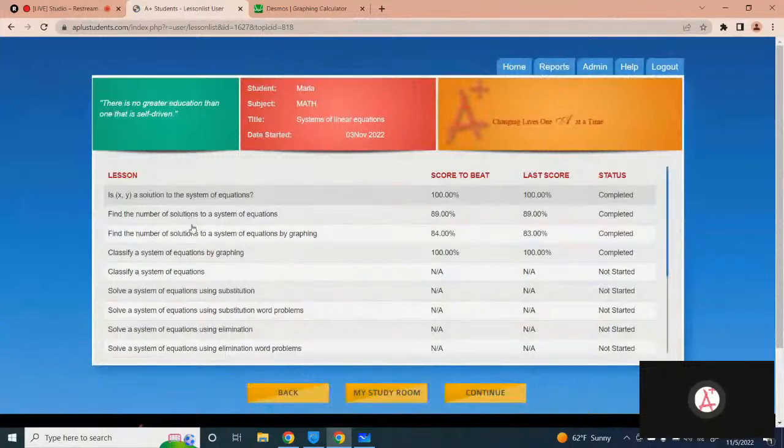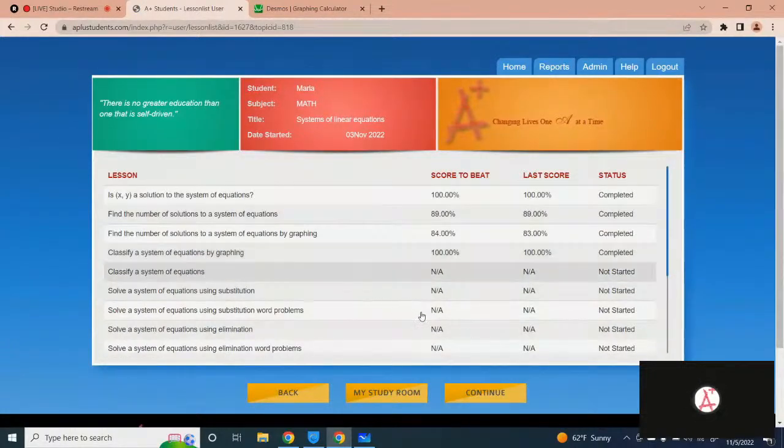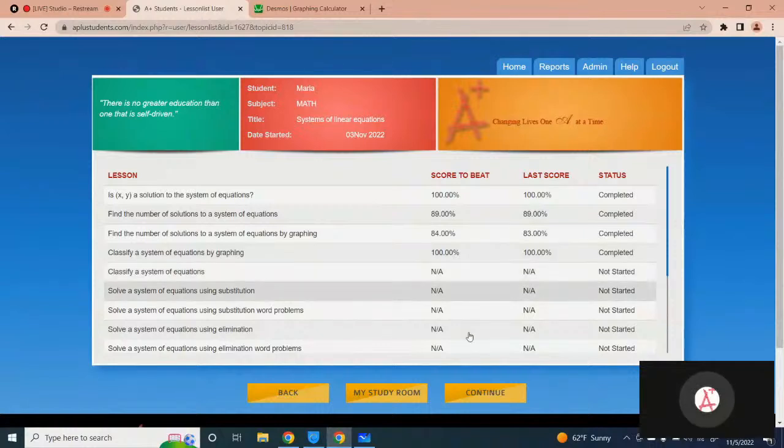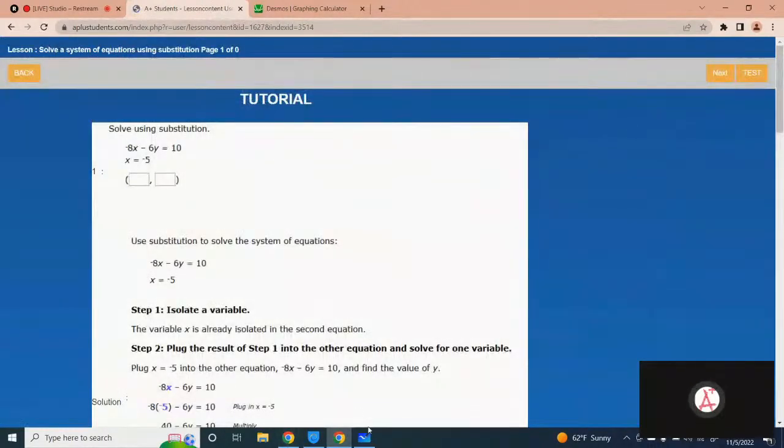The next topic is solve a system of equations using substitution. So let me write down the lesson name.